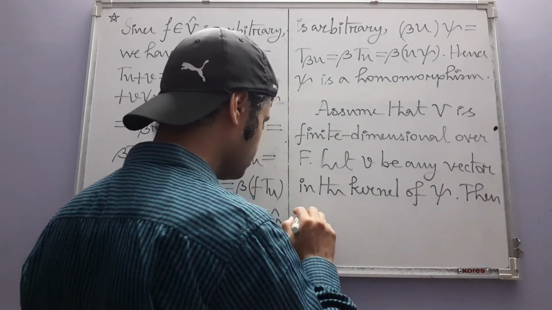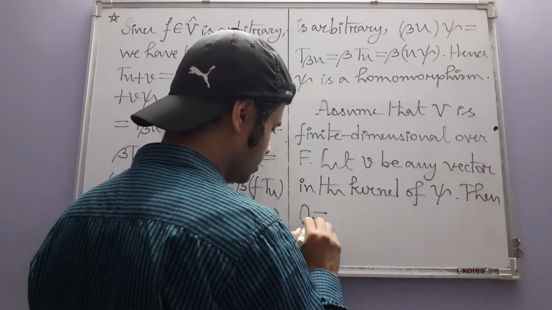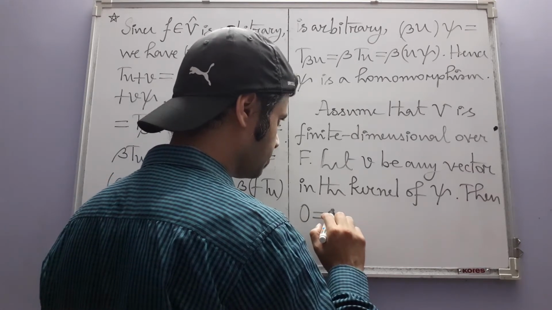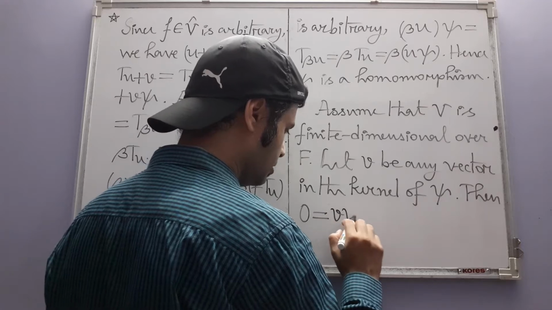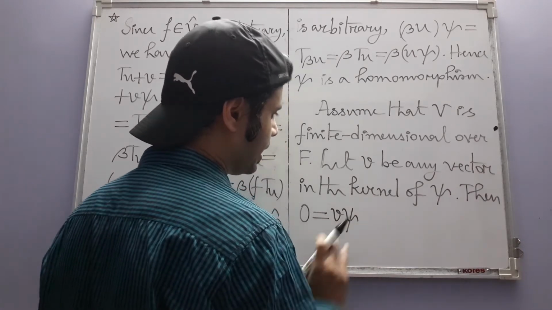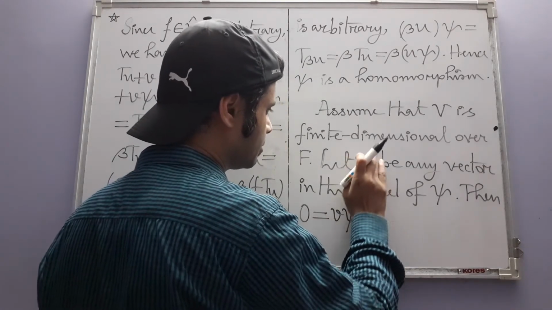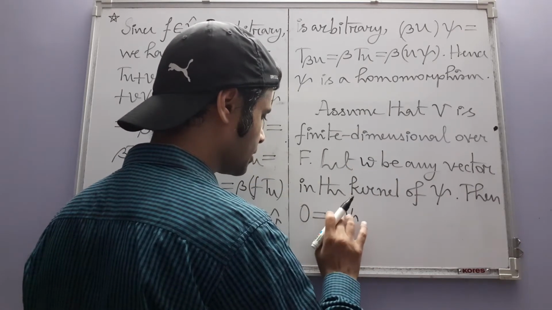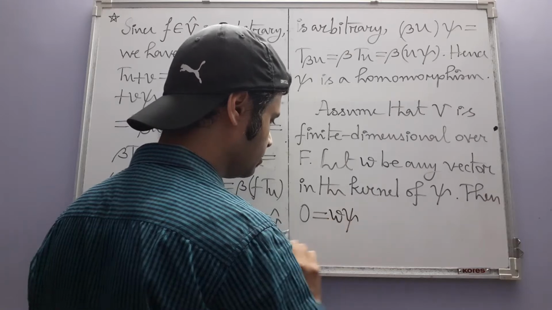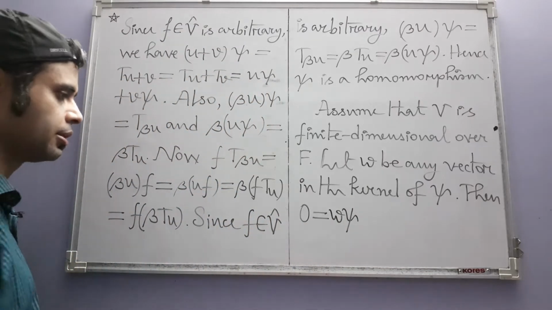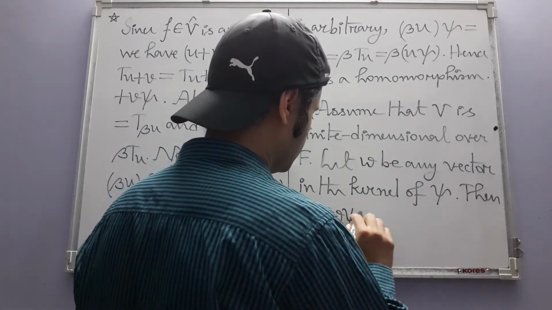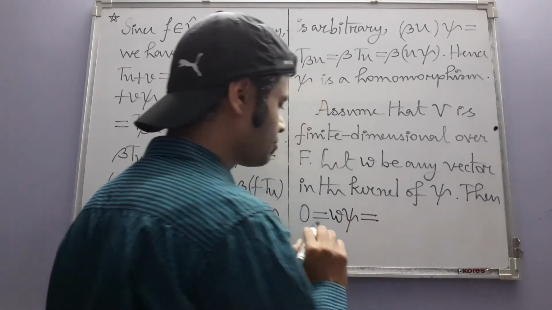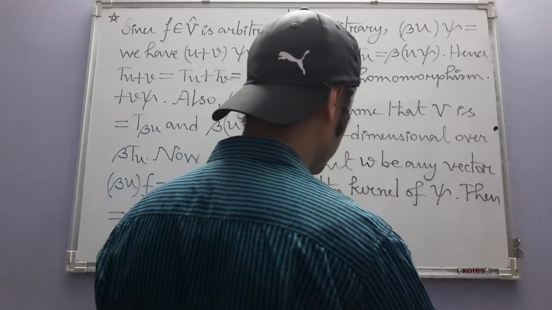Then 0 is equal to v psi. We can, if we want, assume this to be w because we did not take w there, so we can use this opportunity to use another symbol, say w. But by the definition of psi itself, what is this?